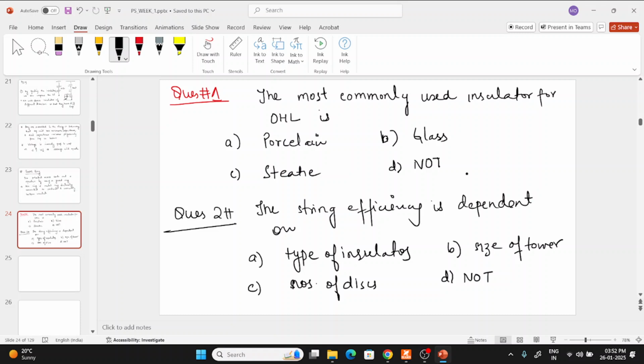Number of the disk. Yes, it is correct. So for the first question, the correct answer is porcelain, and for this one it is the number of the disks.